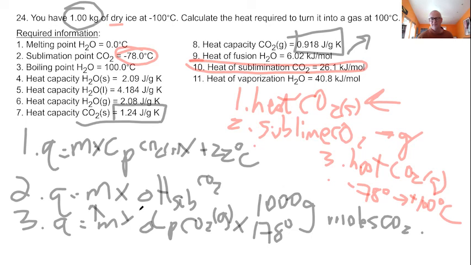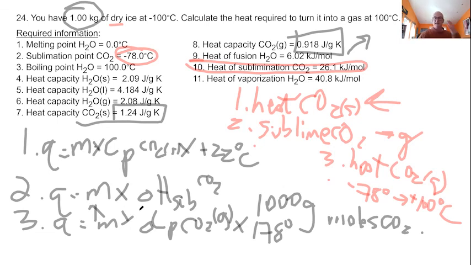Could you go over what the second one says after mass? Oh, second one. Anytime you're calculating heat, it's heat capacity times mass times the change in temperature, unless you're changing phase. And you're changing phase here.